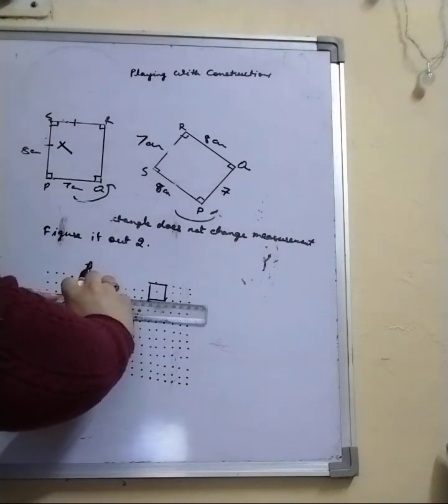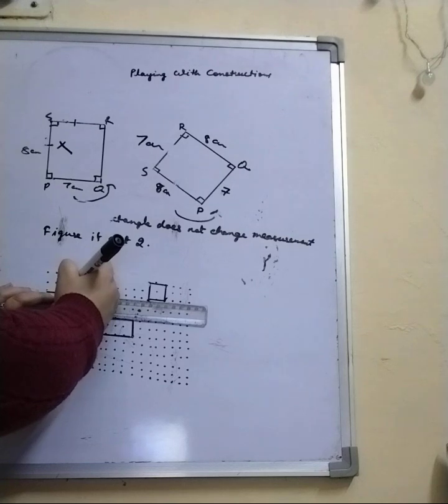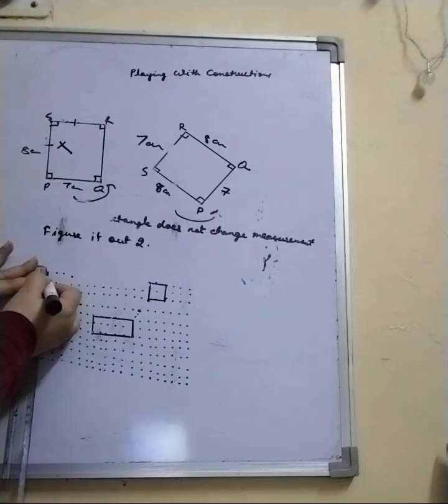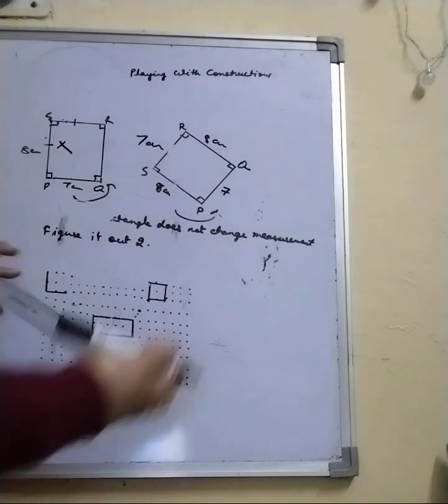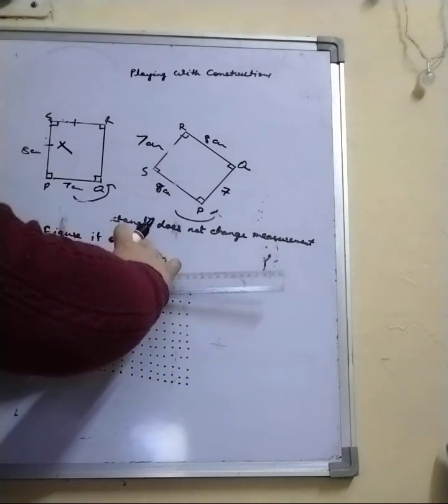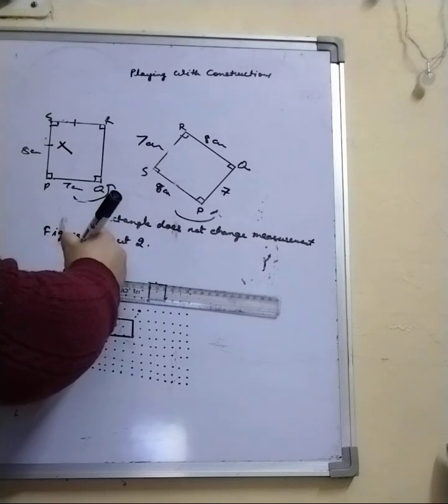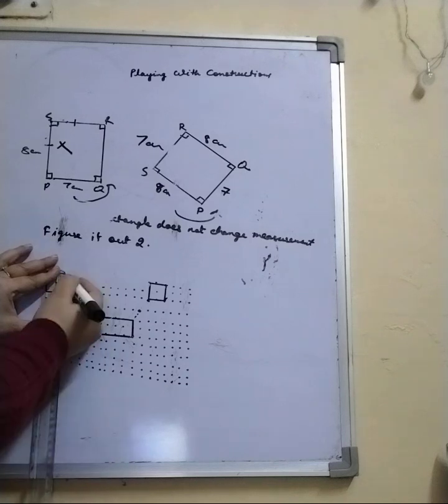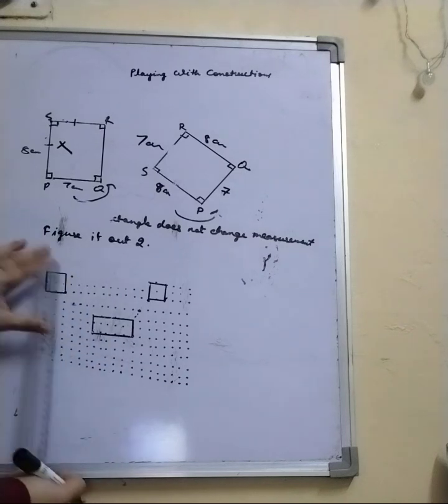So in this way, here 2 points, 3 points for the horizontal line and 3 for the vertical line, and you would get a square. So this is the figure you obtain.